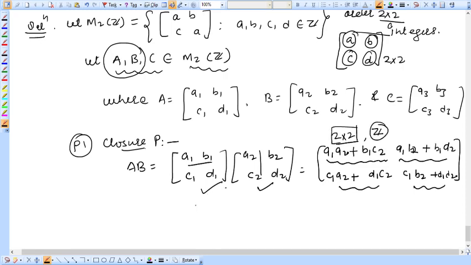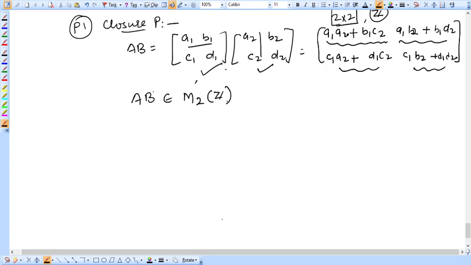Therefore we can say AB belongs to M2Z, right? So therefore the given set is closed under matrix multiplication.